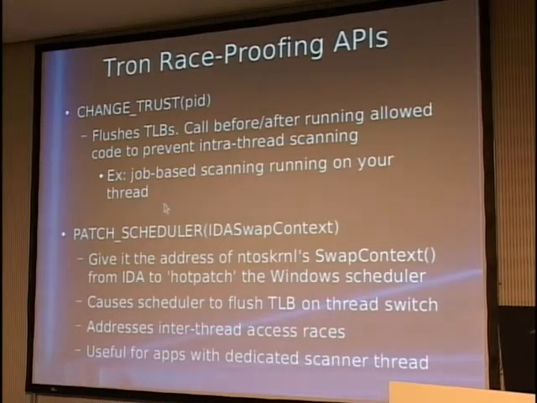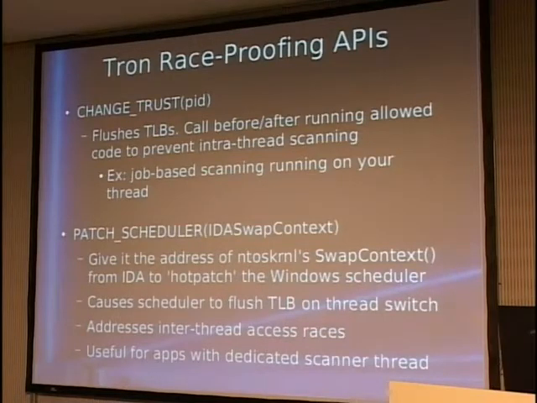So the other race condition issue is if you have a scanner running on a different thread. You have an inter-thread race. The way that this is done is that we actually patch the NTOS kernel swap context scheduler function.